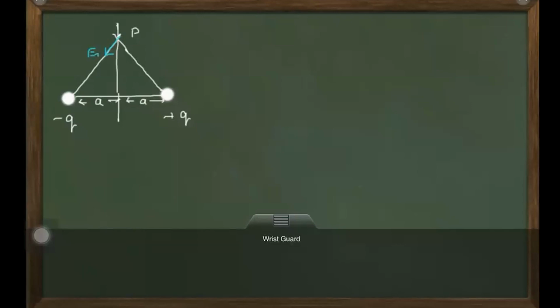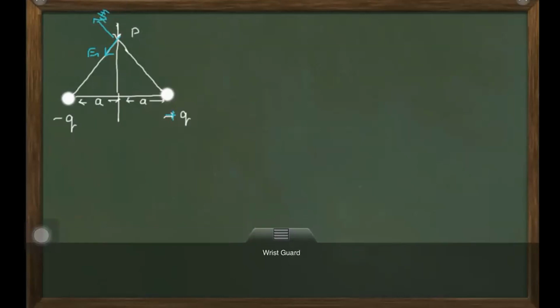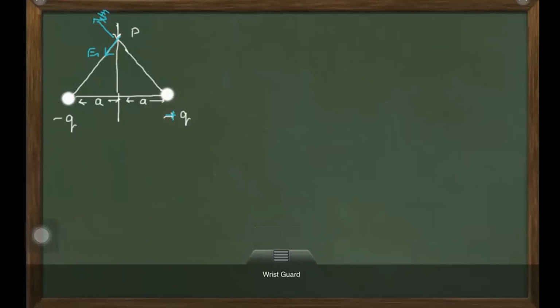And due to plus q, there will be an electric field away from it, so that will be in this direction, and you can write it as E2. So when you have the idea about the directions, you can go for calculation of E1 and E2.